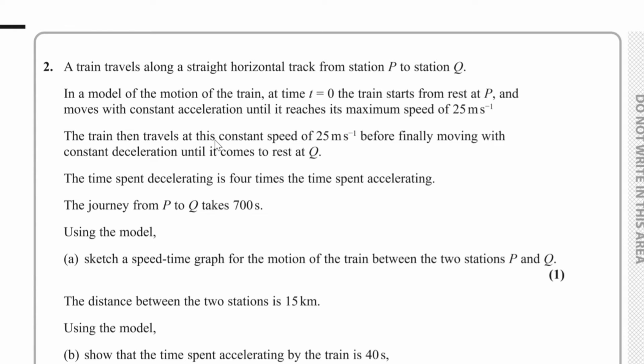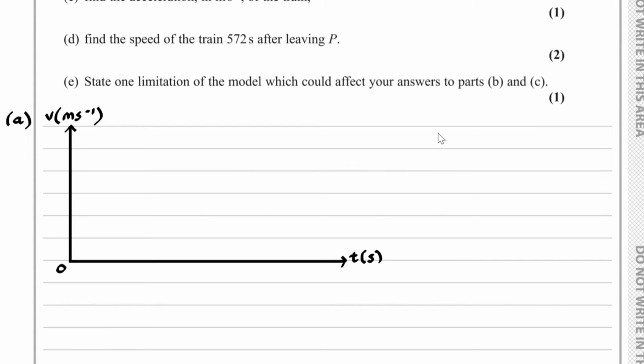The train then travels at this constant speed of 25 meters per second before finally moving with constant deceleration until it comes to rest at Q. The time spent decelerating is 4 times the time spent accelerating. The journey from P to Q takes 700 seconds. Using the model, for part A, we have to sketch a speed time graph for the motion of the train between the two stations, P and Q.